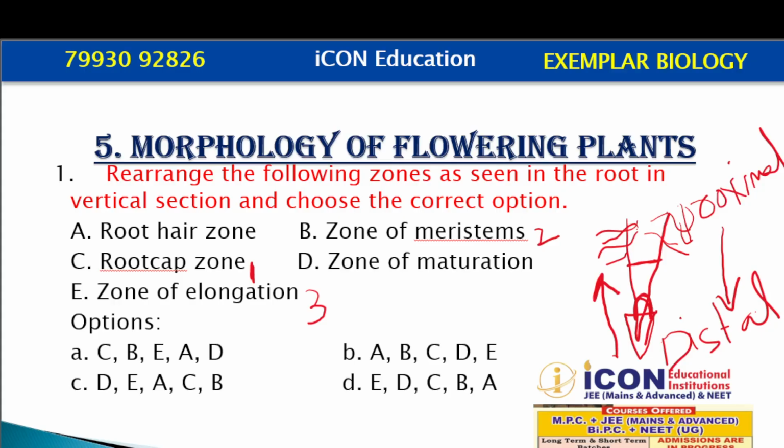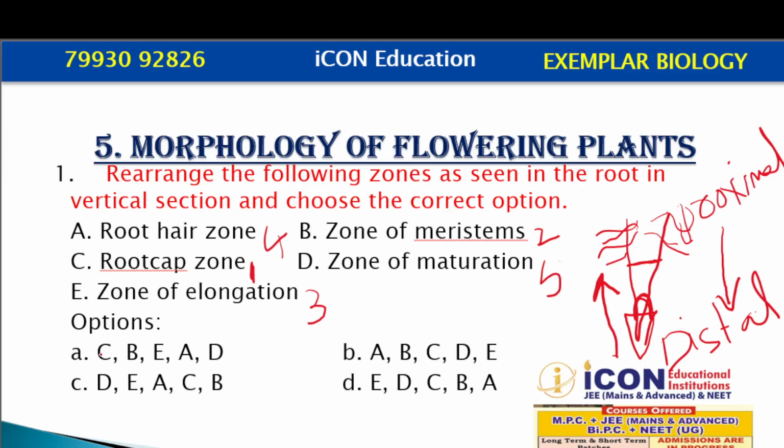Then above the zone of elongation, root hair zone and zone of maturation, both are same, because zone of maturation will have root hairs. So, if D is given first or A is given first, it will not make a difference, because zone of maturation will have root hair zone. So, we will go with this as 4 and this as 5.